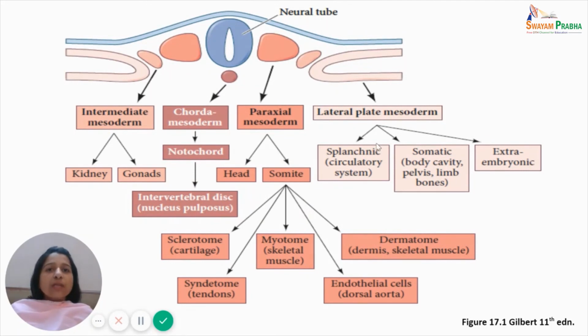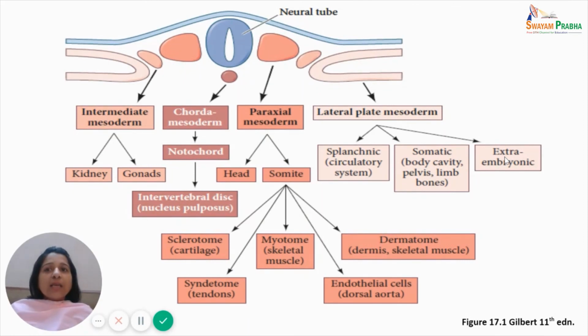There are 2 segments of lateral plate mesoderm: the splanchnic mesoderm, which gives rise to the circulatory system of the body, that is the heart, blood vessels, and blood cells, while the somatic mesoderm forms the smooth muscles of the internal organs and the connective tissue of the pelvic and limb skeleton, except the limb bones, which are somatic in origin. Now, the lateral plate mesoderm also helps in the formation of extra-embryonic membranes.